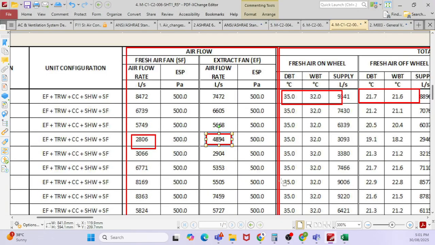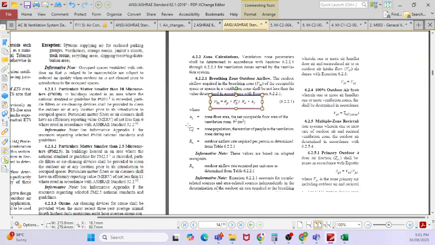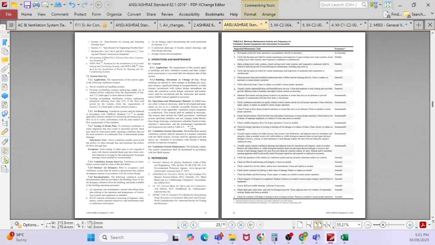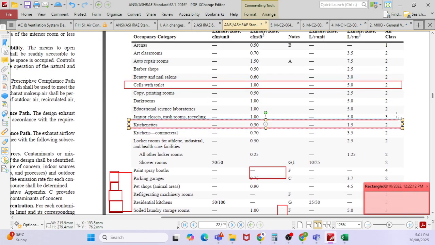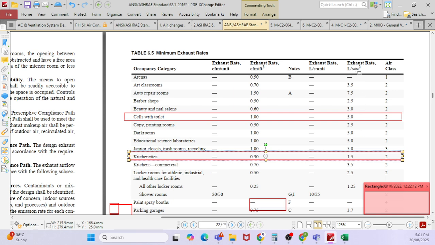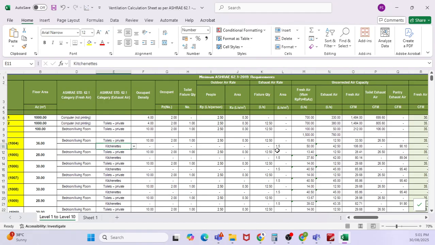Say for example, if I go to 62.1 exhaust flow rate, can you see this particular application, for example, kitchen? What are they saying? 1.5 liter per second per square meter when you have a kitchen. So when I click kitchen, it will automatically come 1.5, because this is taken from ASHRAE.